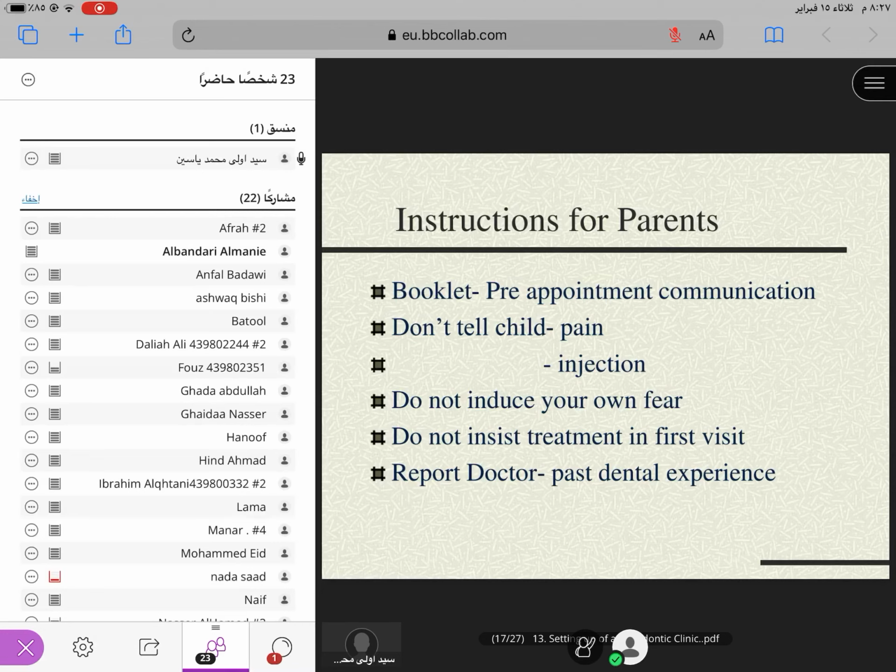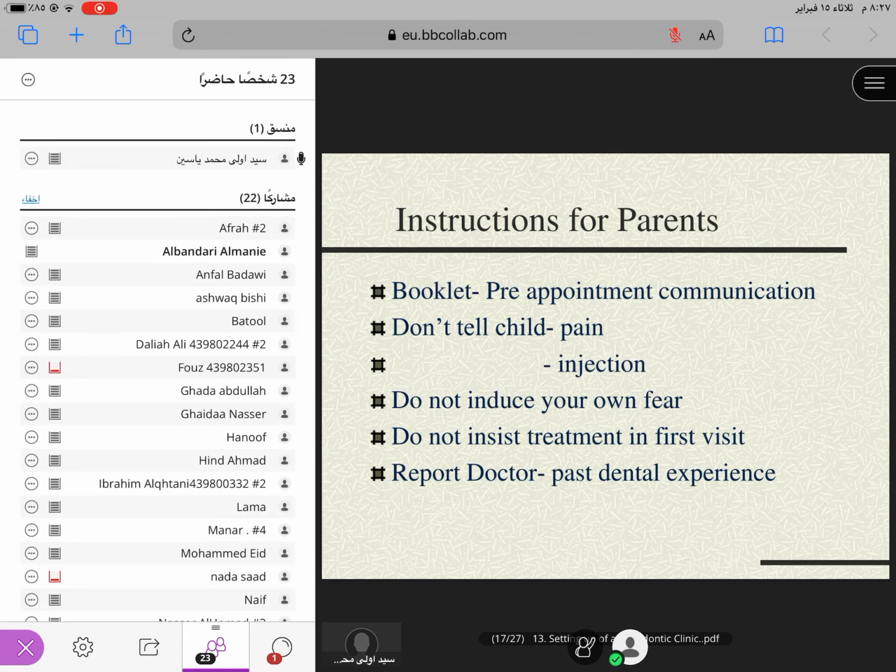In that appointment letter you can say: don't tell the child about the pain or injection, and don't scare the child by saying that since you did not brush properly, I am taking you to the dentist so that he will give an injection. If you give this negative experience, or if you scare the child, the child will never be cooperative in the dental setup.